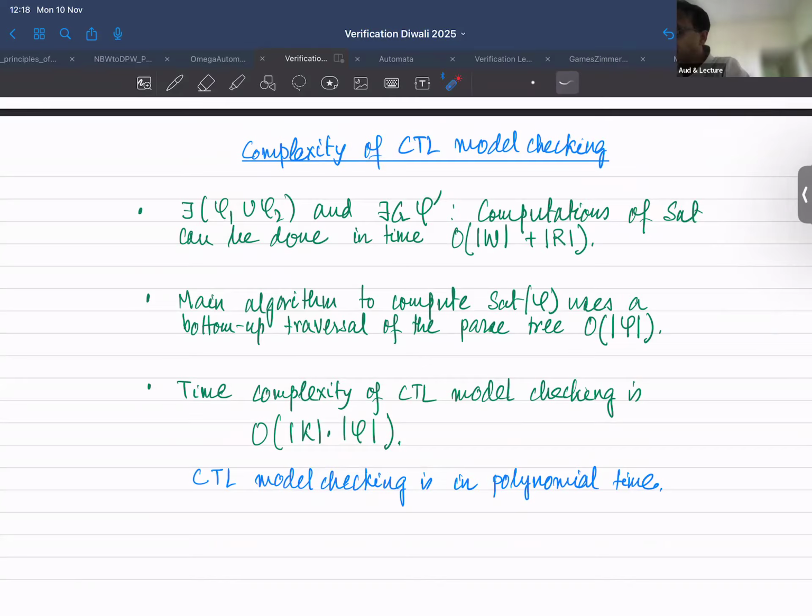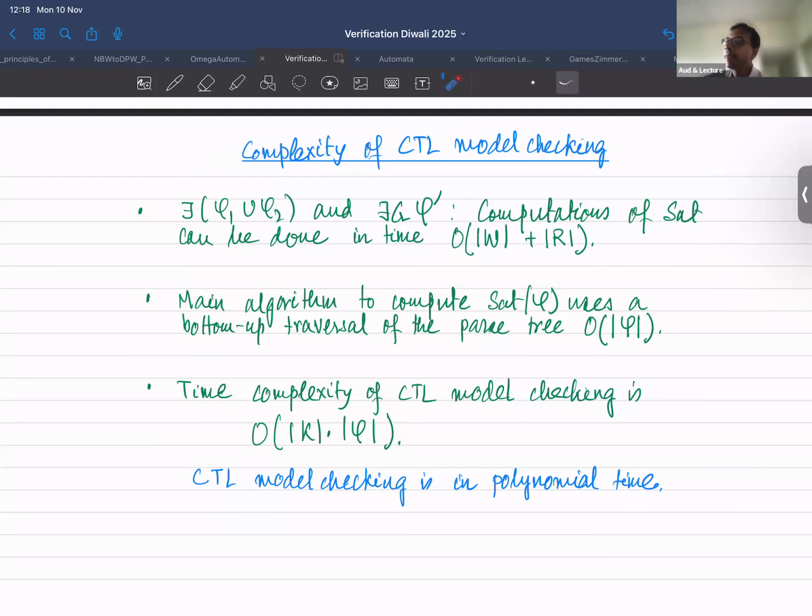So now the complexity of CTL model checking. You see that CTL model checking is quite simple. We look at the different subsets for each of the subformulas, and then we build the entire satisfying set for the whole given formula.